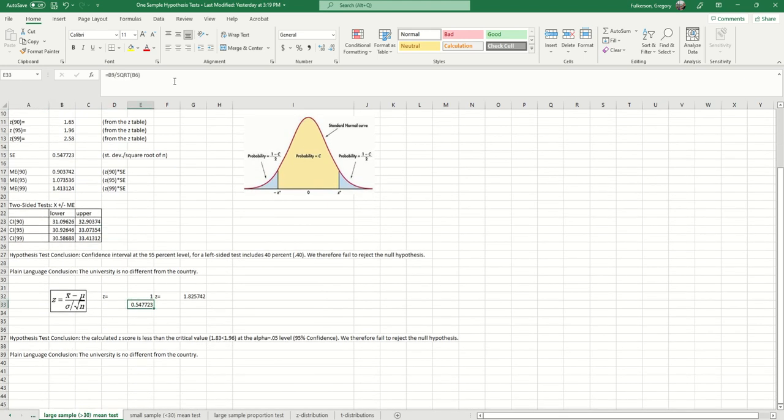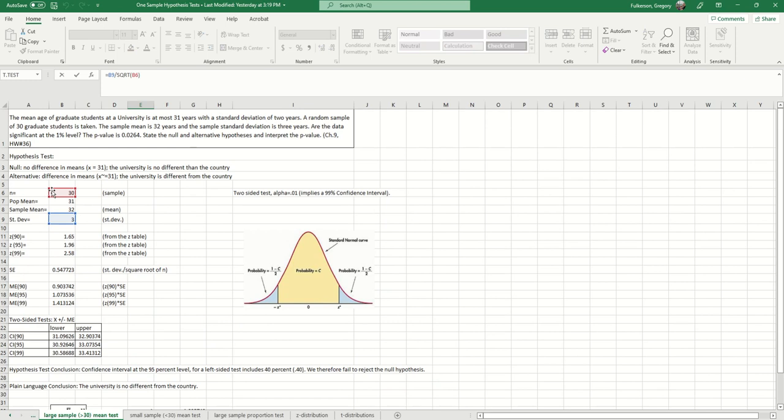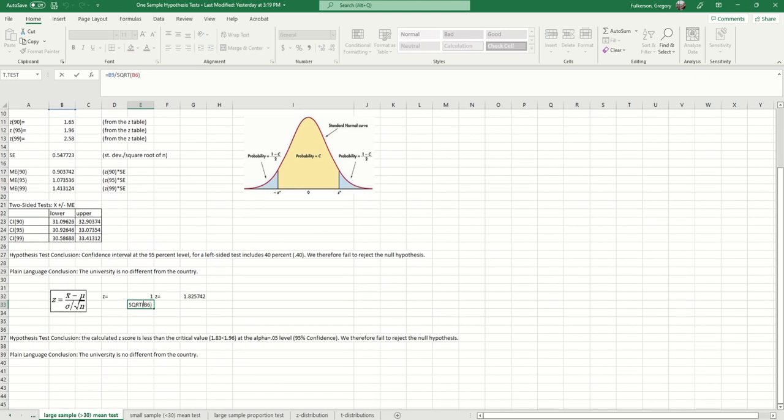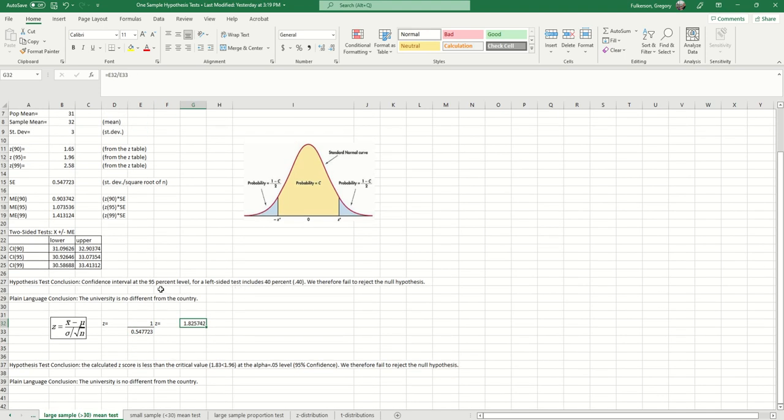So here's the formula bringing those in, and when we complete the calculation, we get a z of 1.82, and we already looked at the critical values of z up here, right? So at the 95% level, it's 1.96. So 1.82 is smaller, right?